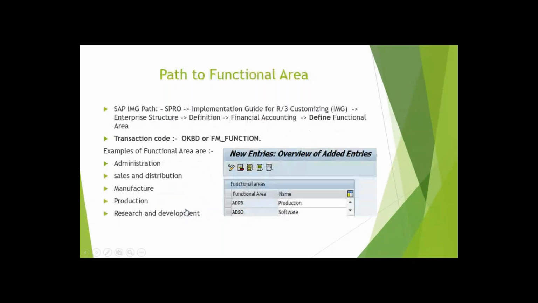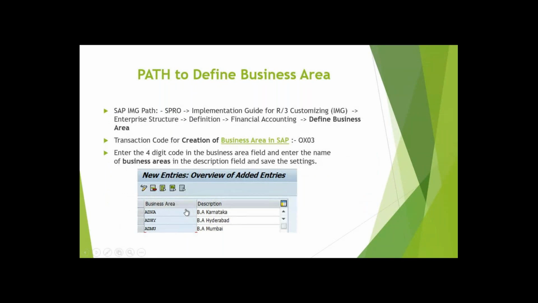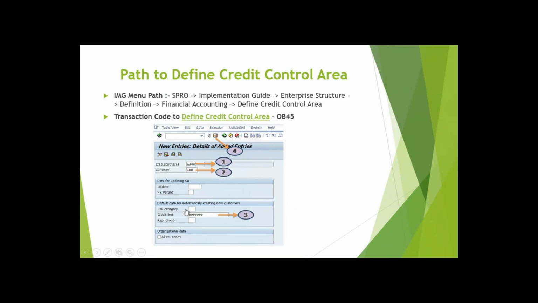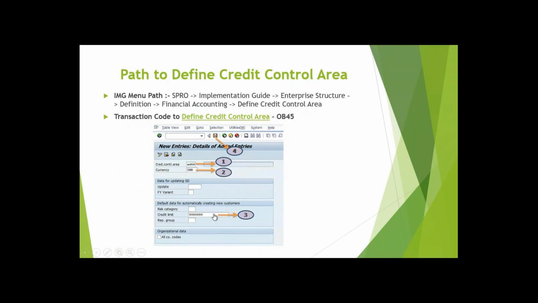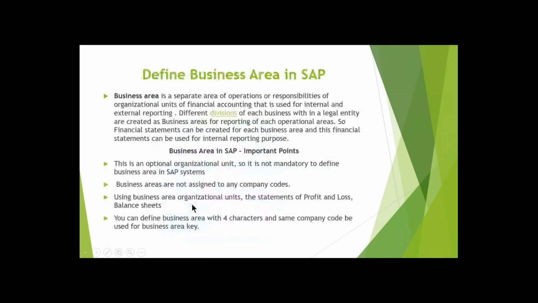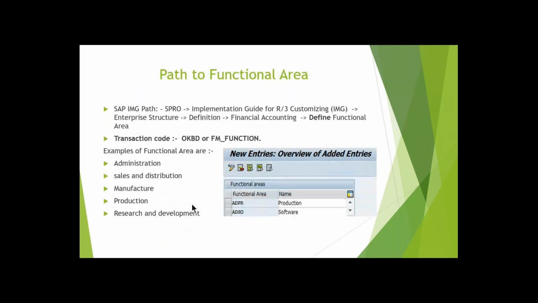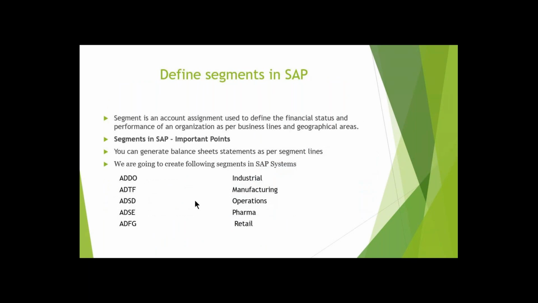As I also explained about the credit control area, we create it, that's it, but it is mainly meant for sales and distribution. In the same manner, here we create a segment. These are all implemented to the different modules like SD, like MM. So that segment area we will be creating.